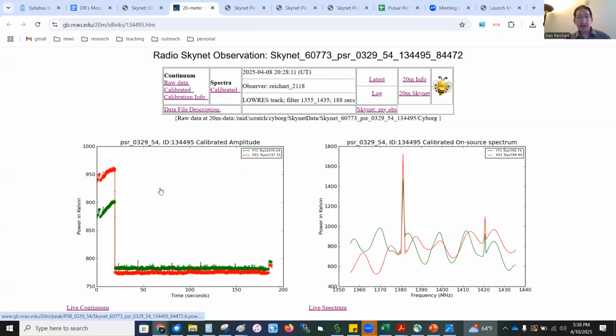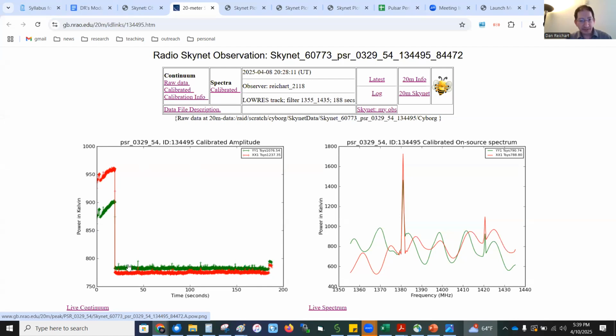In my case, I did have some RFI at the beginning here. This can mess up your observation, but maybe not. We'll see. But you can see here, 1381 megahertz. Someone was transmitting for the first 20 seconds or so of my observation, possibly messing it up, but we'll see.